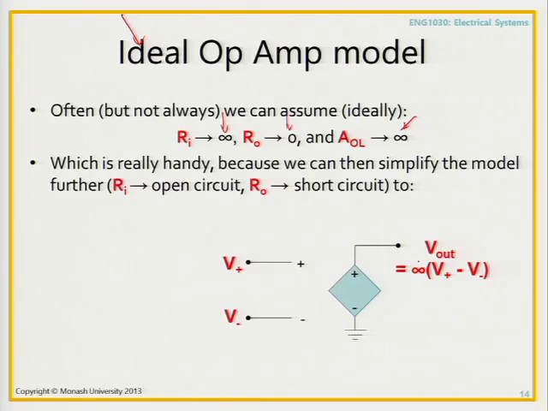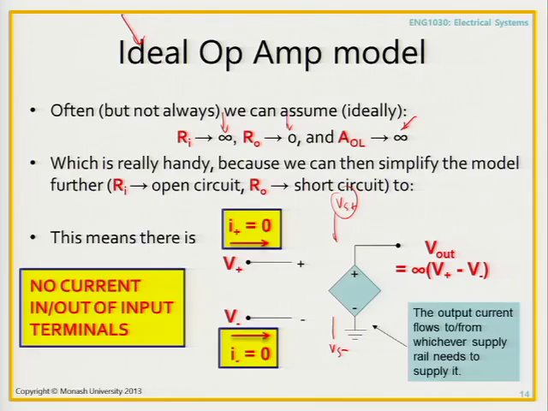So if V plus is greater than V minus, the output will be really large and positive, and hence the output will go exactly to the supply voltages. If V plus is greater than V minus, the output will be Vs plus. And if V minus is greater than V plus, the output will be Vs minus.